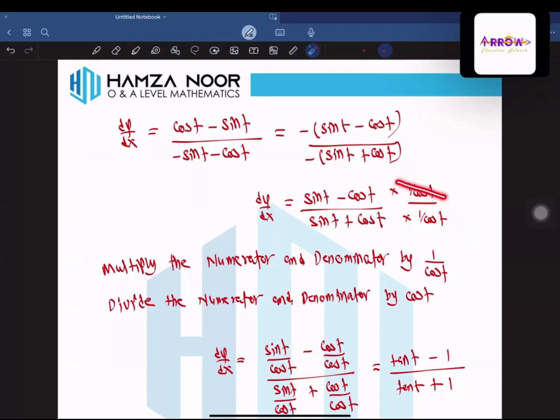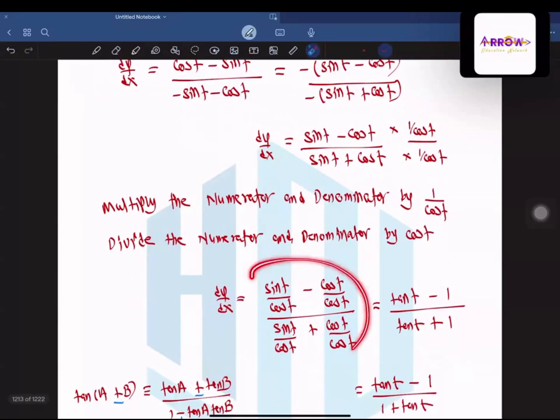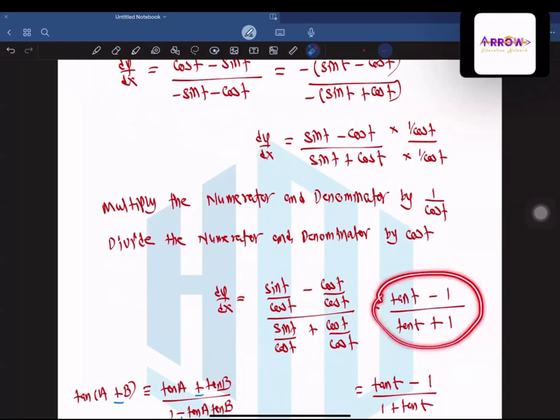So the effect of 1 upon cos t will conceptually cancel out. But if you don't cancel it out and you just expand it, you would be able to get an equivalent form for this sine t minus cos t divided by sine t plus cos t, which is over here.